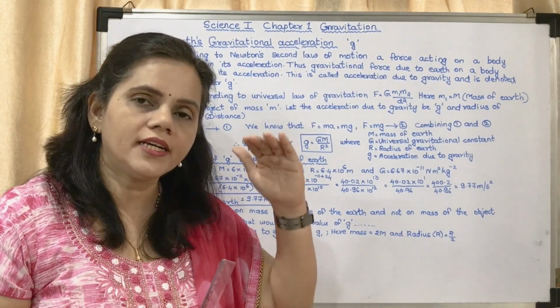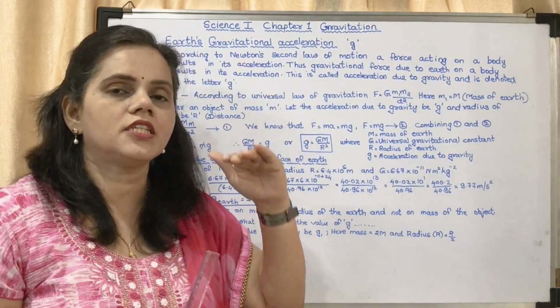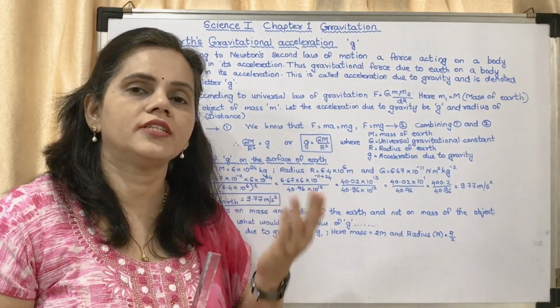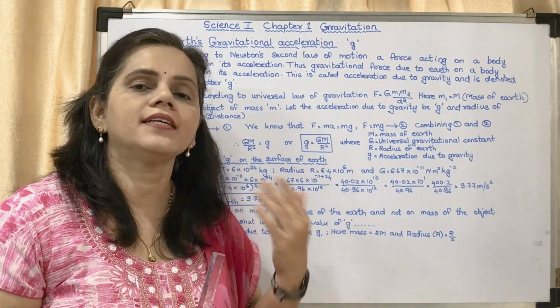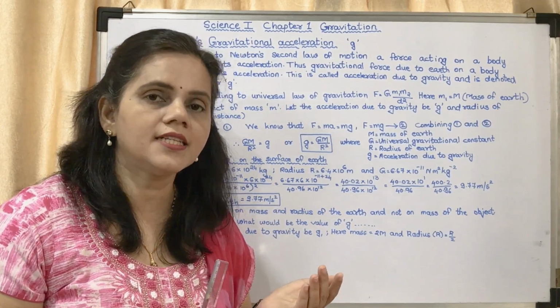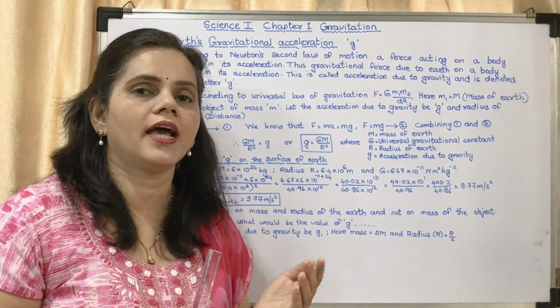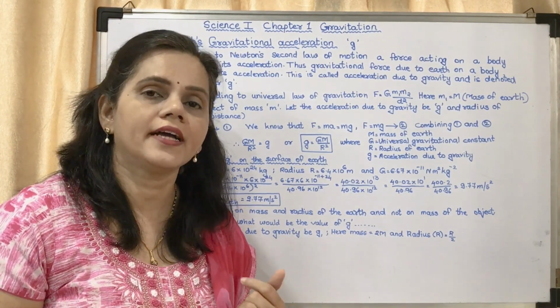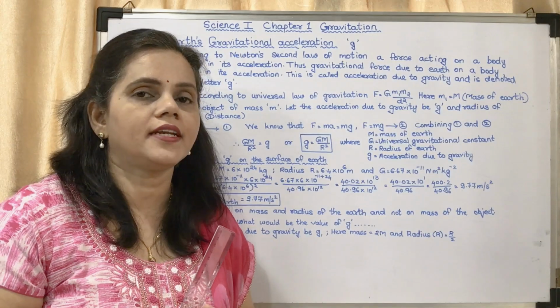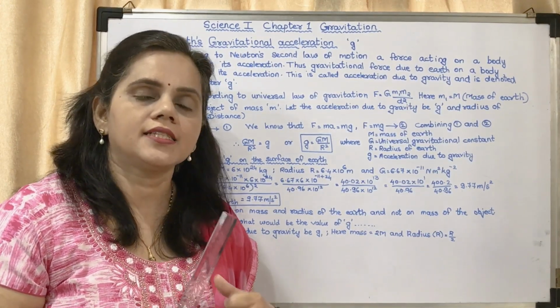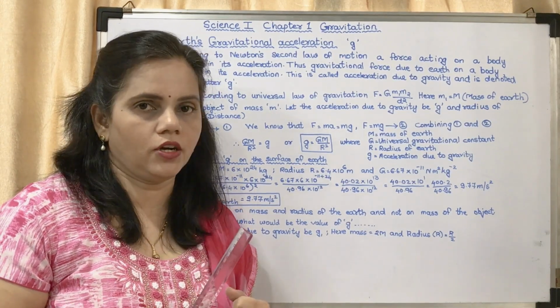Now when it is falling, its velocity goes on increasing. So there is change in velocity. As there is change in velocity, there is acceleration. And that acceleration is called acceleration due to gravity. What is gravity? It is the gravitational force of attraction exerted by the earth on the objects.